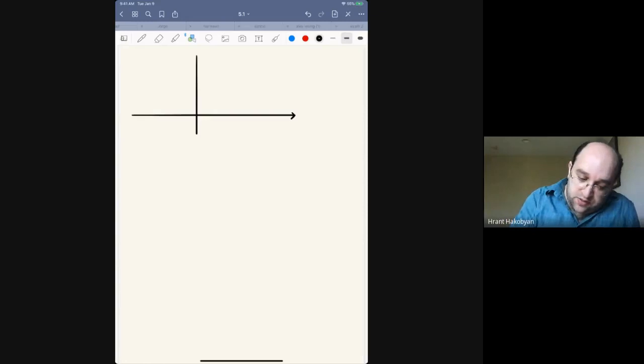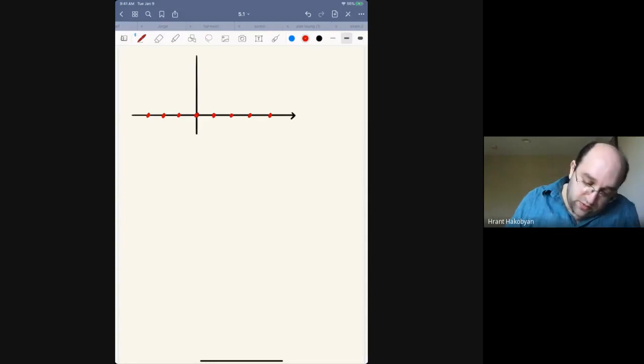I'm going to draw the function in red, with the axis marked 0, 1, 2, 3, 4, and negative 1, negative 2, negative 3.